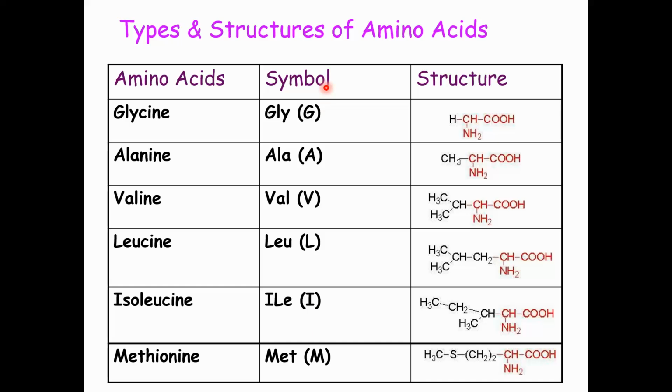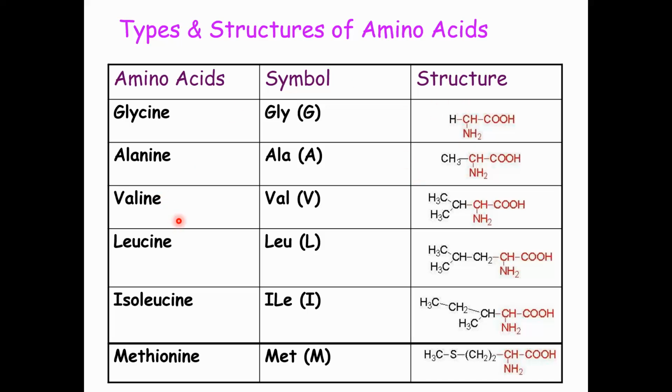And once we are writing the sequence of amino acids, we can write Gly, Ala, Val, Leu, or we can also use these letters G, A, V, L. So that is why these symbols are important, and I am discussing them here. So now I am going to the structure of amino acid.